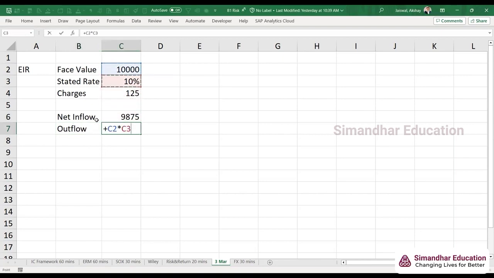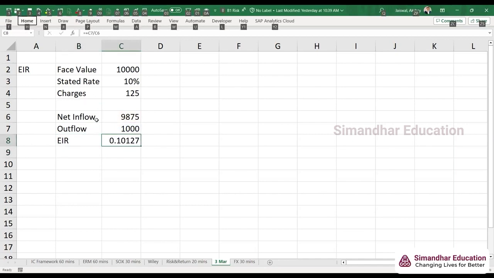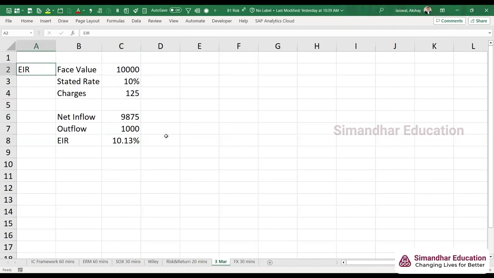Always the interest will be calculated on the face value. So the effective interest rate will be 1000 divided by 9875, which is 10.13%. This is higher than 10% because of the lesser inflow. Does anyone have any doubts in this?